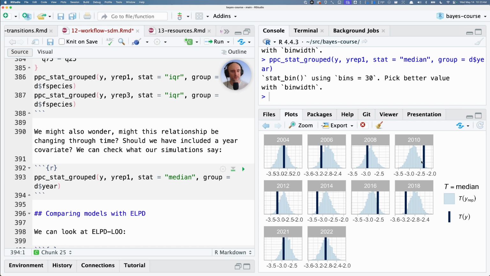There are some years, 2010 and 2018, that are slightly extreme compared to the constant simulated values, a bit higher and a bit lower than expected. But generally, they are within what we would expect from the simulations. There does not appear to be some strong year signal in the data. So you want to plot these against variables that are in the model, and plot them against variables that are not in the model but could have been.